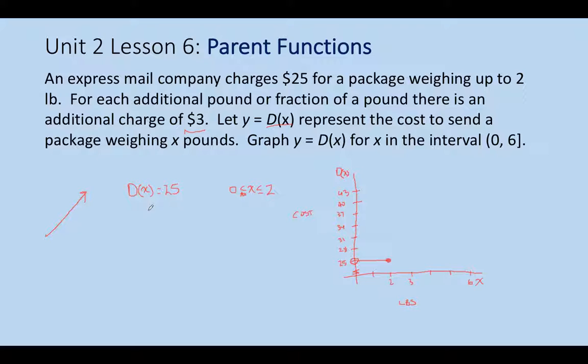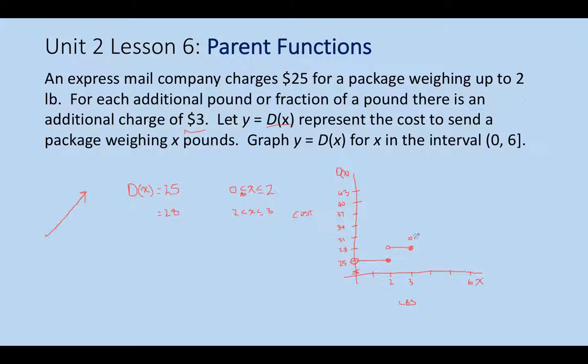And then, well, if I have something between, say, 3, just strictly greater than 2, but less than or equal to 3, okay, well, I have 28, okay, 25 plus 3. And so I would have an open dot here, and it would go flat to 3, and then I'd have the closed dot here. Okay, this pattern is going to continue, okay?